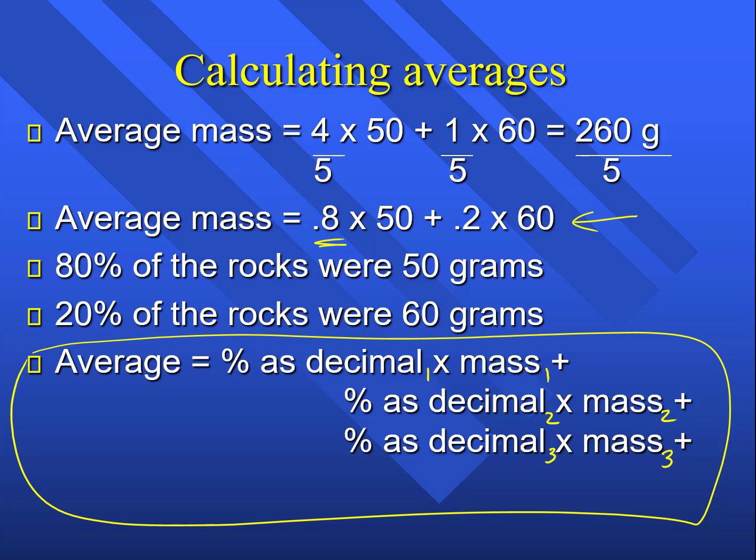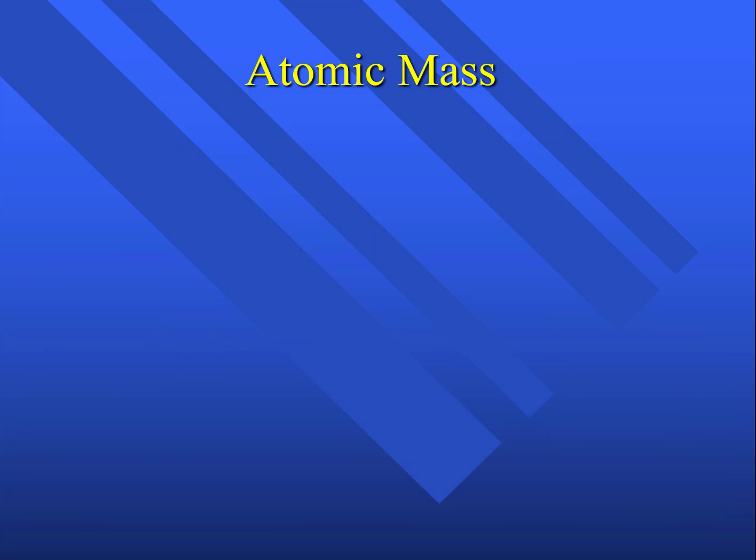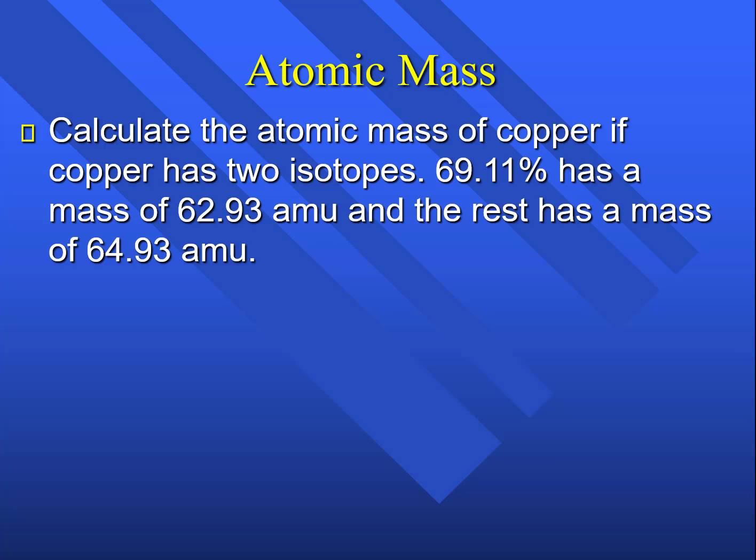So, let's try one. Calculate the atomic mass of copper if copper has 2 isotopes. 69.11% has a mass of 62.93 AMUs, and the rest has a mass of 64.93 AMUs.